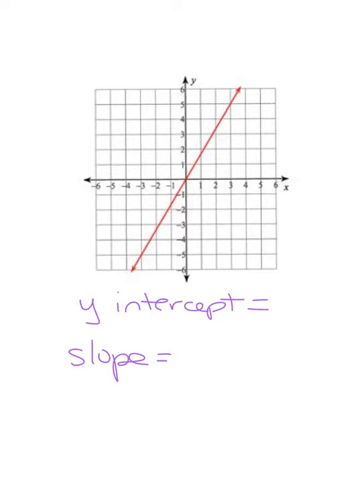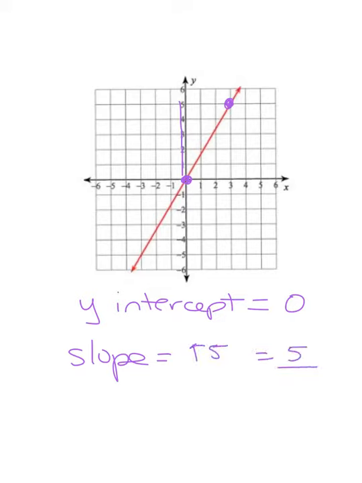Let's look at my next equation. My y-intercept in this case is actually right at the origin, so my y-intercept is 0. I need to find out what the slope is. Now, a point that goes through the corner of the box is right here. So again, I'm going to start at my point to the left, and I'm going to count up. I'm trying to get to the second point, so I go up 1, 2, 3, 4, 5. So when I'm going up 5, that gives me a positive 5.